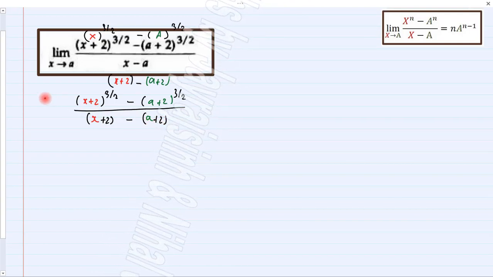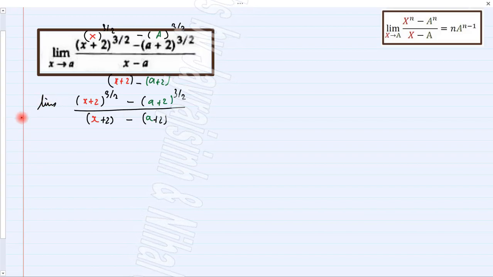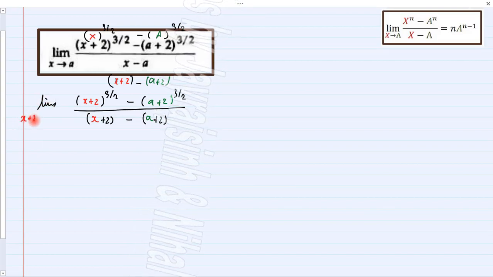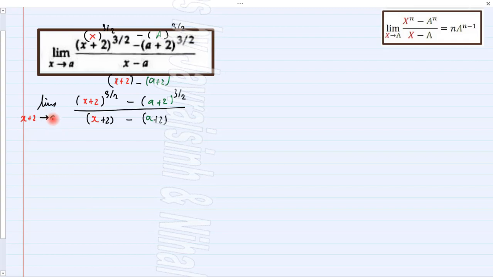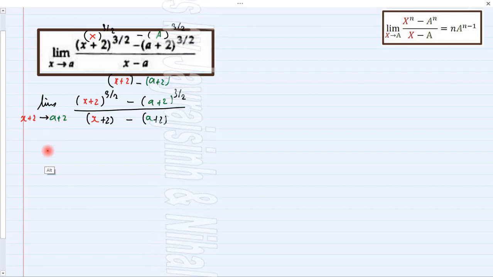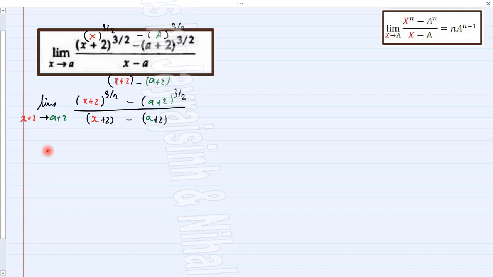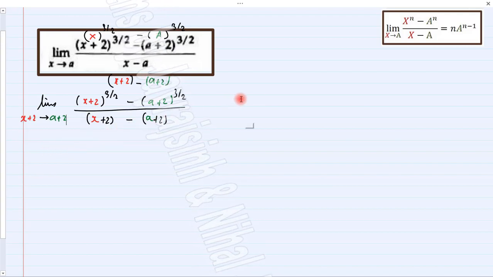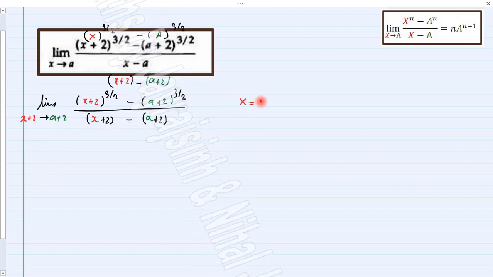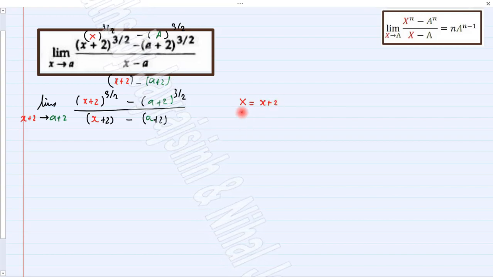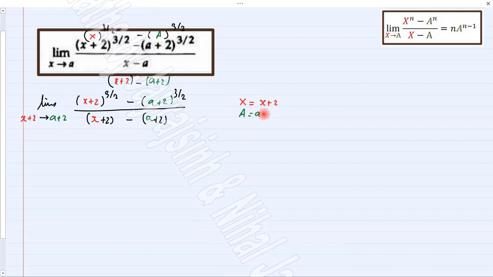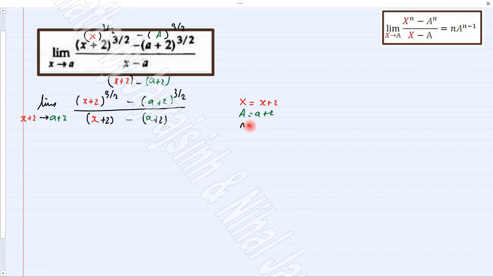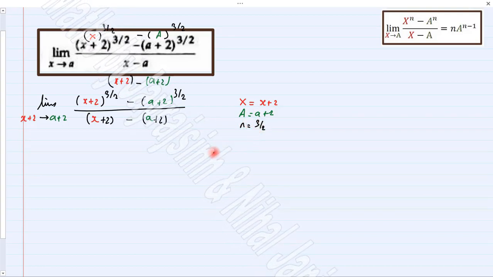Now your limit is x tends to a, so we can say x plus 2 will tend to a plus 2. So we have a proper form that limit capital X tends to capital A, X raised to n minus A raised to n upon X minus A, where your capital X is small x plus 2, capital A is a plus 2, and your n is 3 by 2.